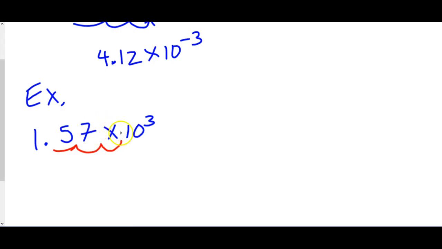The X got in the way, but let me write it to the side so we're not getting confused with that multiply sign. 1, 2, 3. So if there's an empty space where we have another digit before our decimal, we just put a 0 back in. When we put it in scientific notation, we take the zeros out.